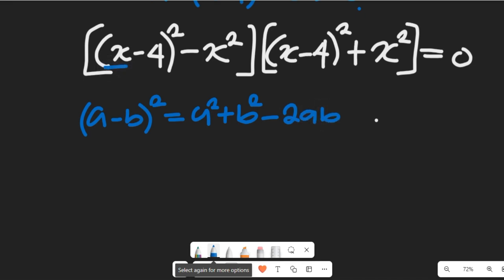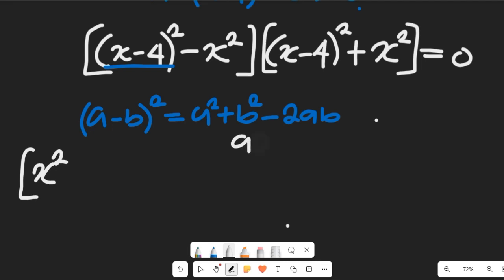So we can use it to expand (x minus 4) squared. If we do that, the first expression will give us x squared, remembering that from this expression, our a is equal to x and our b is equal to 4, right?